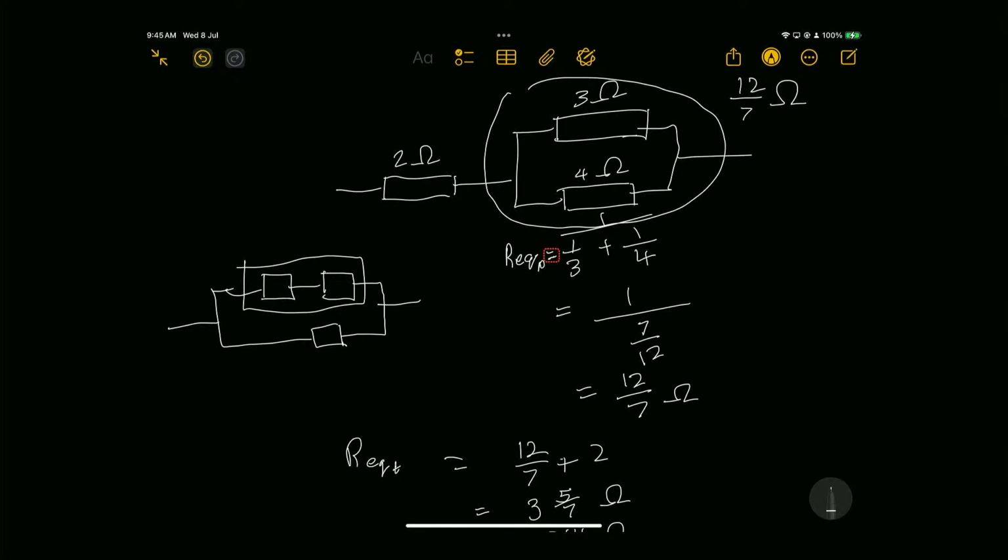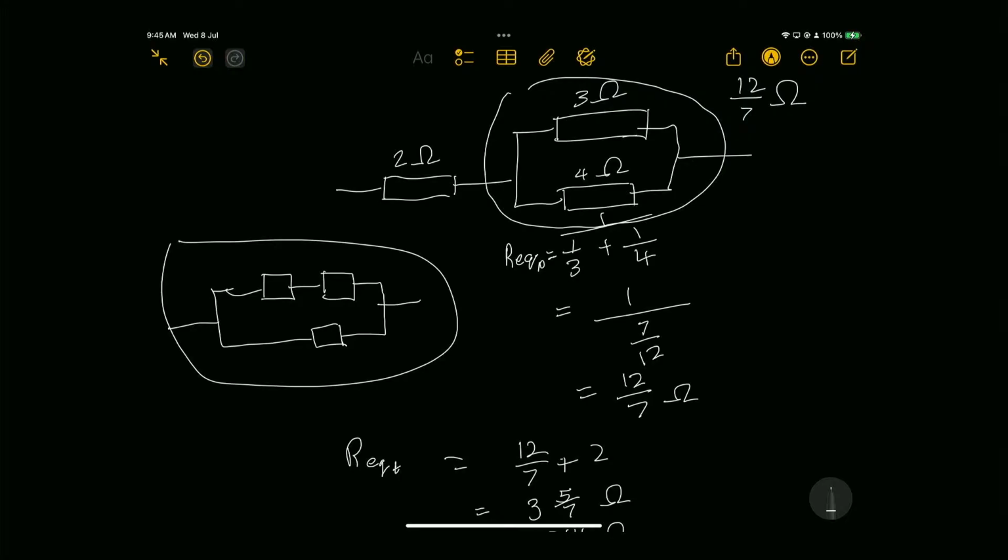Okay, let me actually do it for this. So let's say we have, this is 1 ohm, this is 2 ohms, and this is 4 ohms, right? Is the current flowing through the 4 ohm resistor and the 1 ohm resistor the same in this circuit?